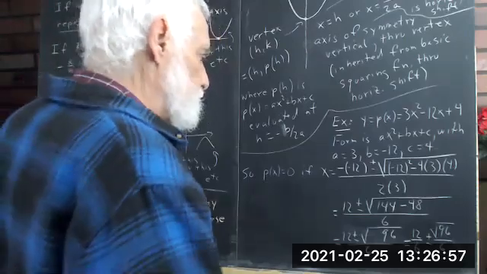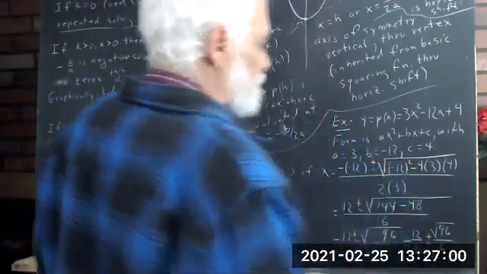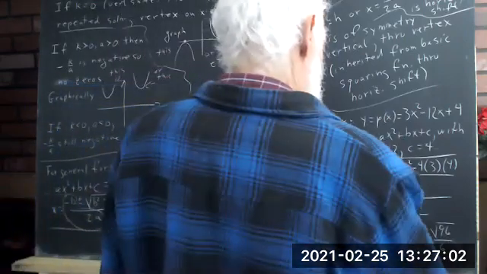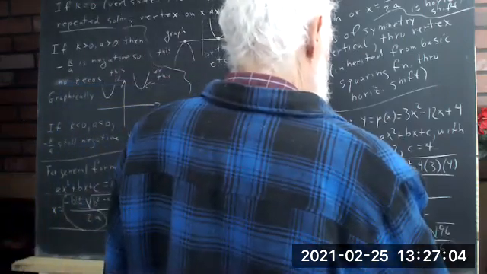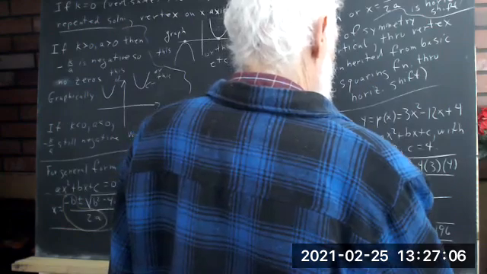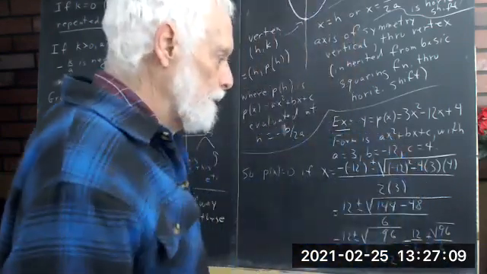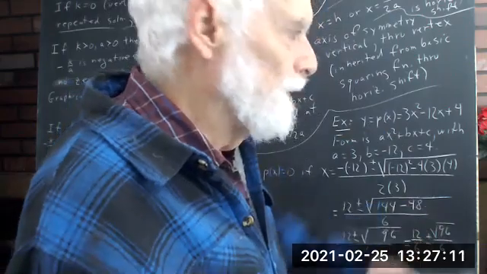Well, that equals 2 plus or minus the square root of 96 over 6.